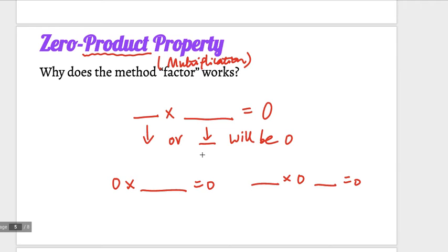That's why we are using this. Once we factor, we break something down into two parts multiplied together. For example, a factor of 15, I can break down as two things multiplied together. So when we solve an equation, if I can break it down into two things multiplied together equal to 0, then I know one of them must be 0. That will be our way to find the solution.